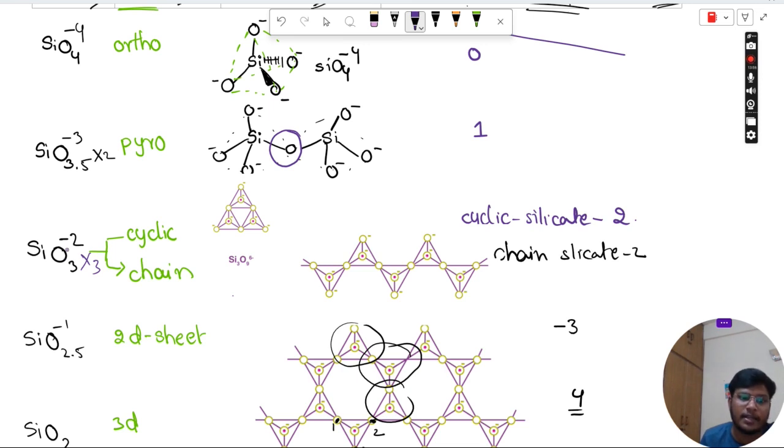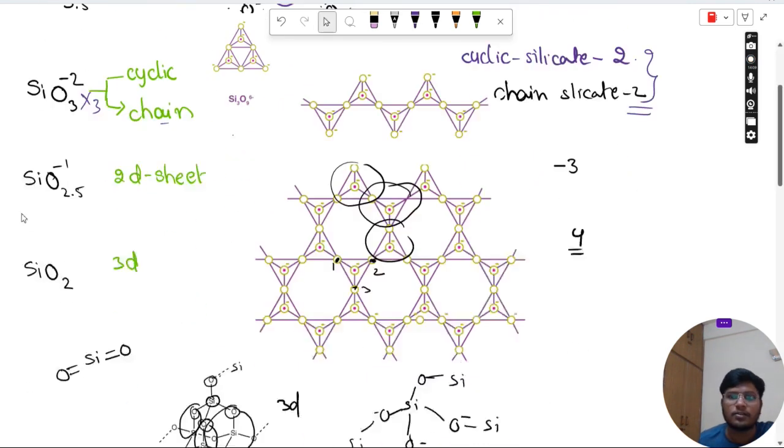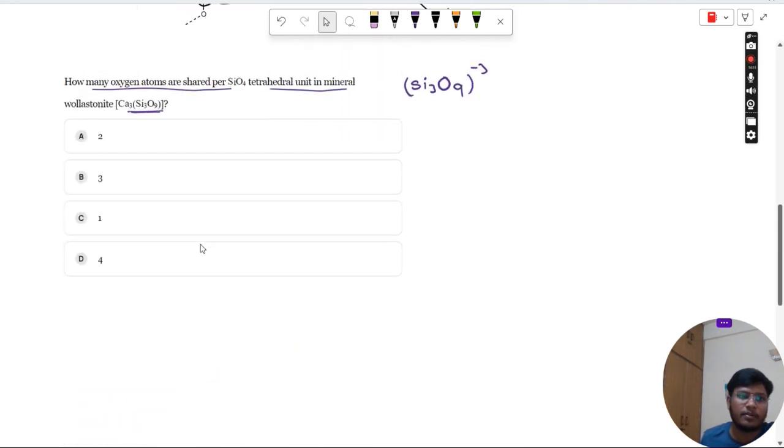So it could be a cyclic or a chain. It doesn't matter, whether cyclic or chain silicate, the number of oxygen atoms shared per silicate unit is 2 only. So we can answer the question directly: option A, that is 2. This is the correct answer for this question.